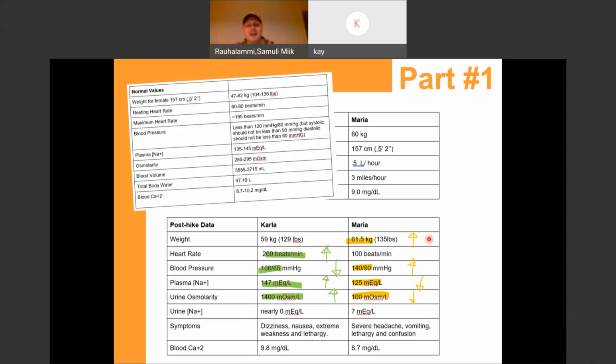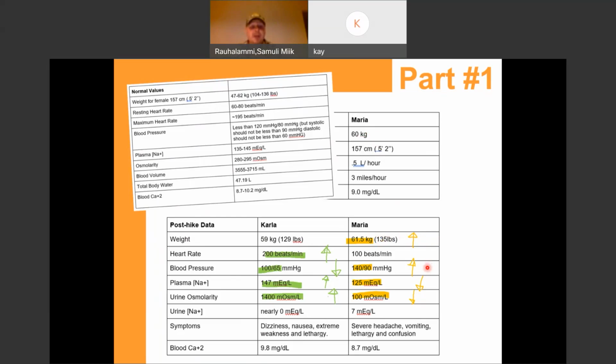What we're actually seeing is that Maria drank so much water that her body is now heavier because there's so much water inside. Her weight went up by 1.5 kilos. So there's something weird in there. We can highlight the weight, that's elevated. Something is happening that shouldn't normally happen like that.